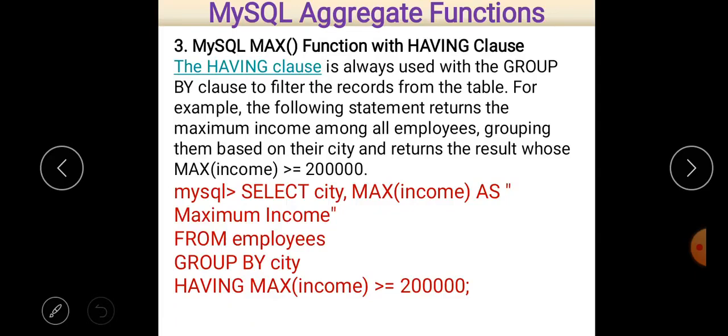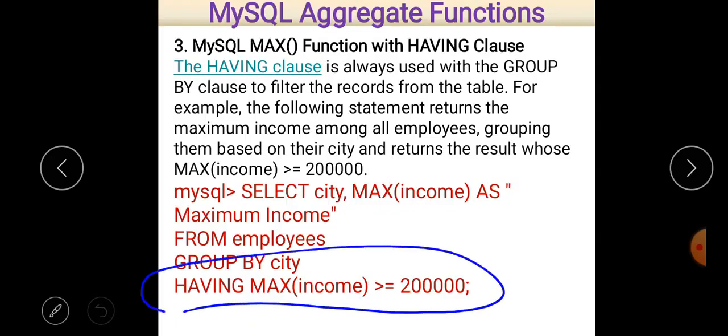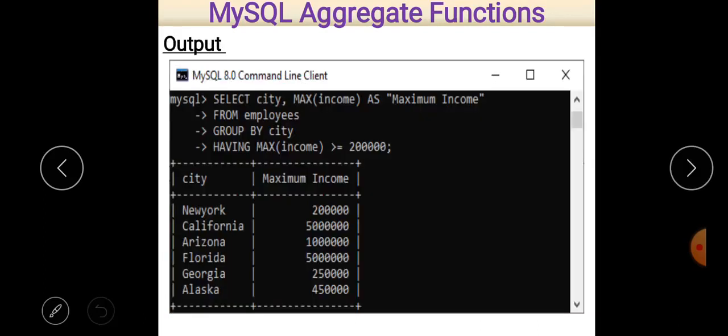And also there is a condition on a group, and that condition is maximum income is greater than 2 lakhs. So you can easily see here that only those groups are displayed which have maximum income greater than 2 lakh.